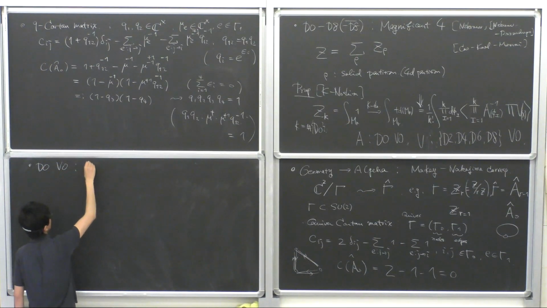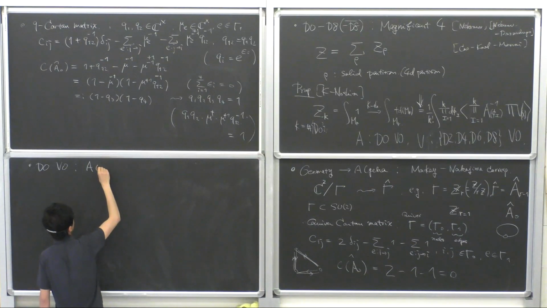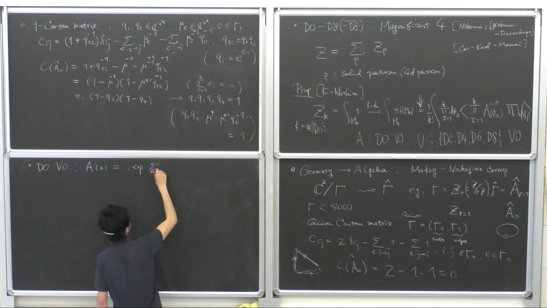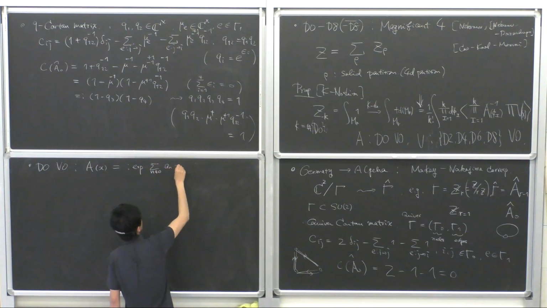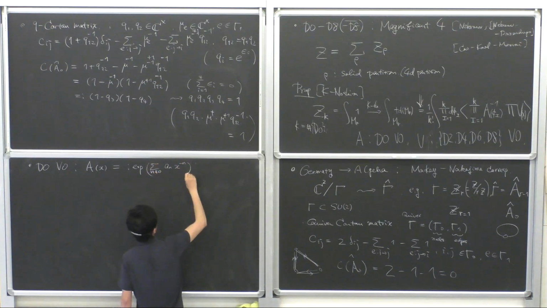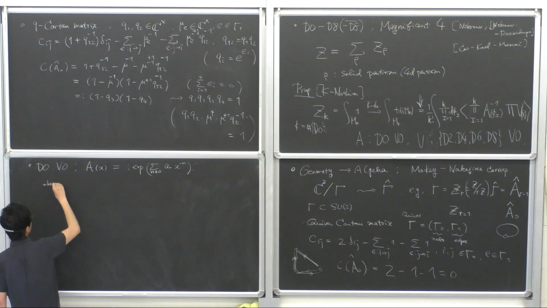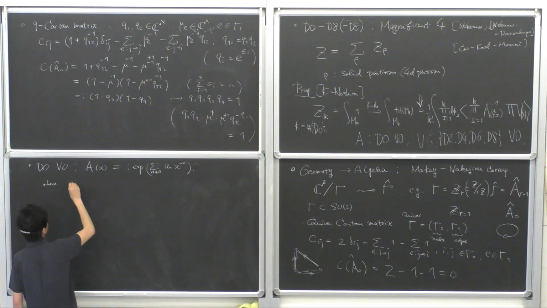I'm going to use the notation phi of x, a of x, which is the exponential of the sum over n of a_n x to the minus n. This is the so-called free field realization of a vertex operator.